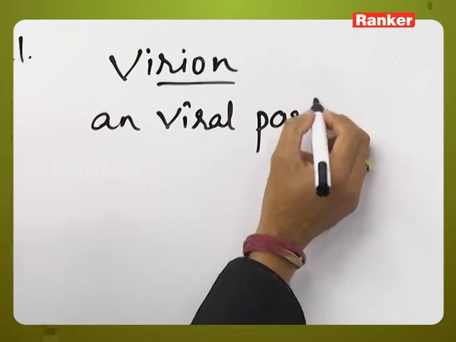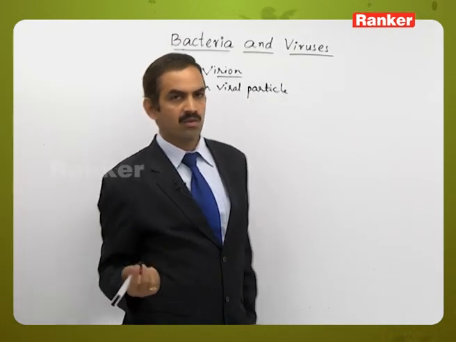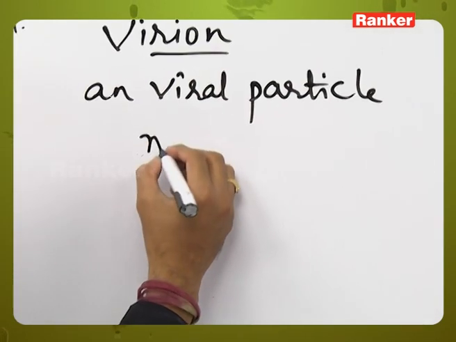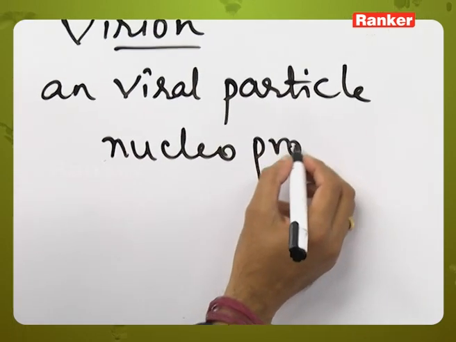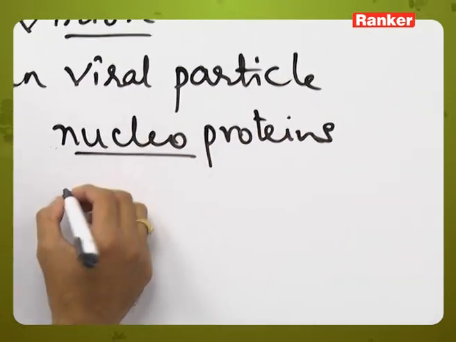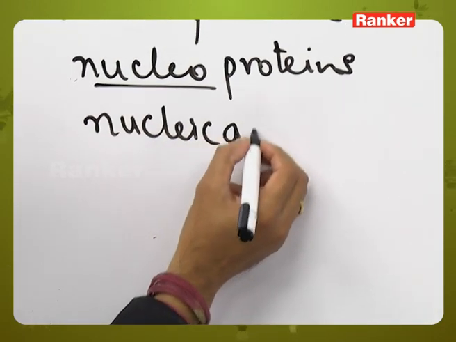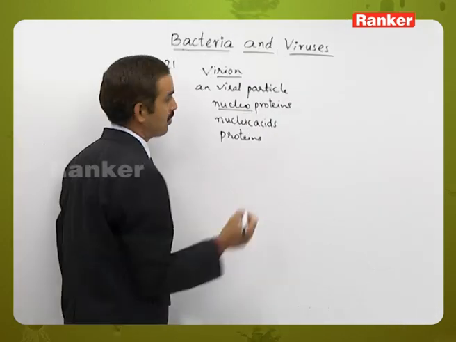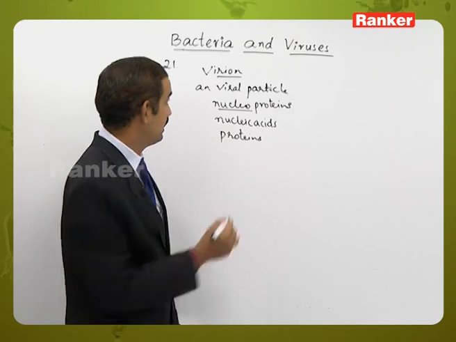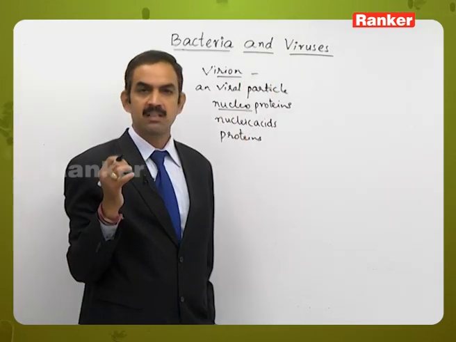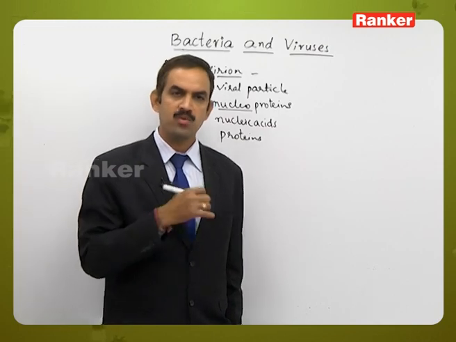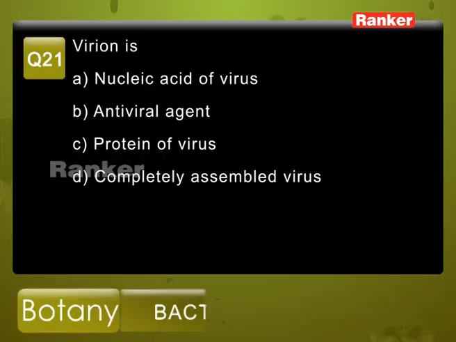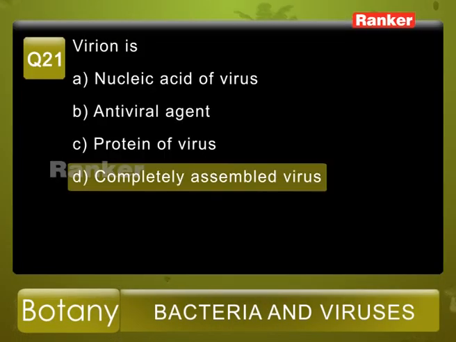It is a single viral particle we can consider, and we know that viruses are nucleoproteins. Nucleoproteins means they are made up of nucleic acids, and along with the nucleic acids they also have proteins. So virion is a complete assembled viral particle which contains both the nucleic acid part and also the protein part. So from the given options, option D is the correct answer.